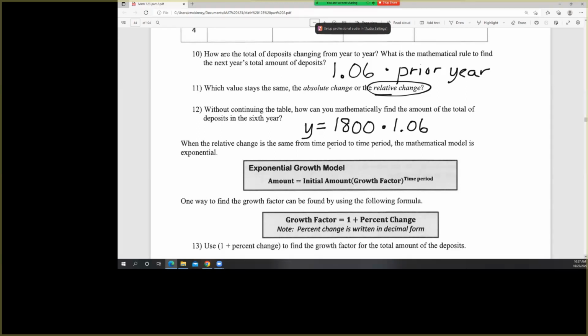Exponent, right? So if it is 6, then we would use an exponent of 6. For our prior ones, we could have done 1800 times 1.06 to the 4th power, but because we needed the numbers in between, it was just as easy to use the prior number.